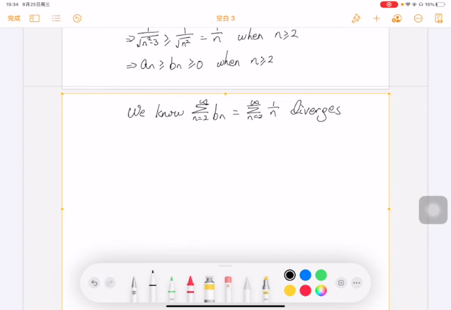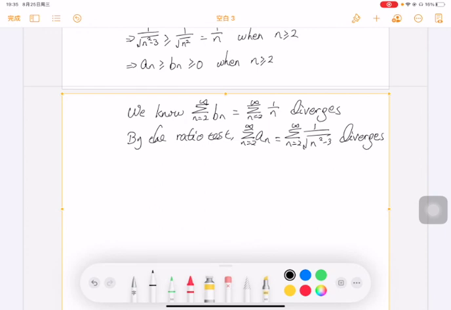So we know that this series diverges, and then by the comparison test, the series from 2 to infinity of An, which is 1 over the square root of n squared minus 3, diverges as well. Okay, so this is the comparison test.